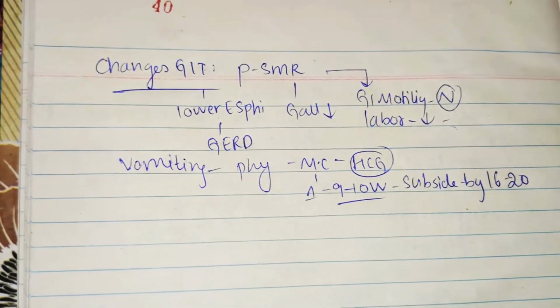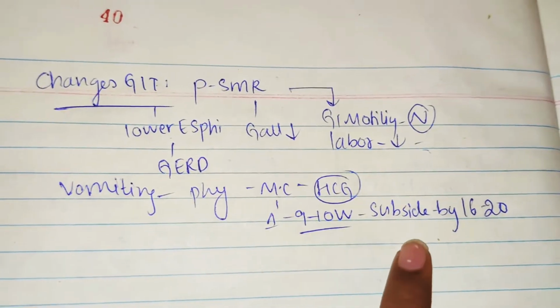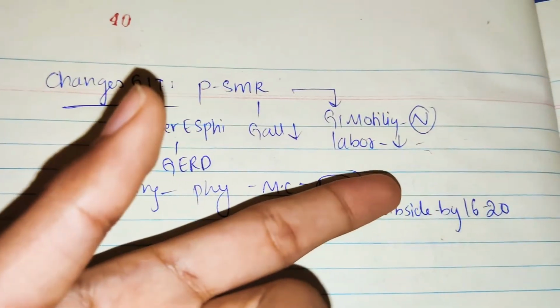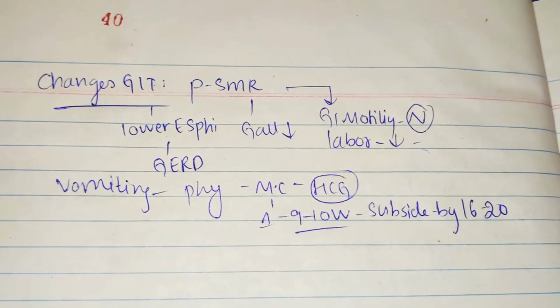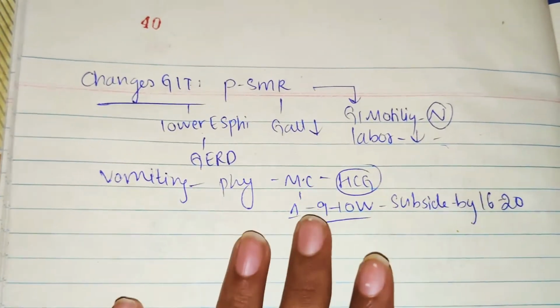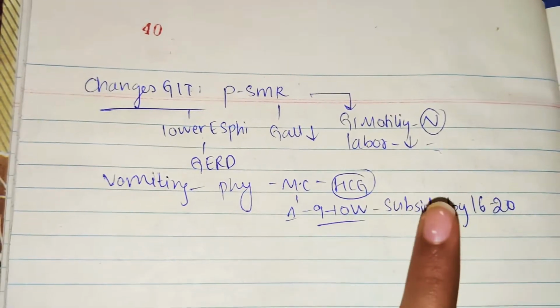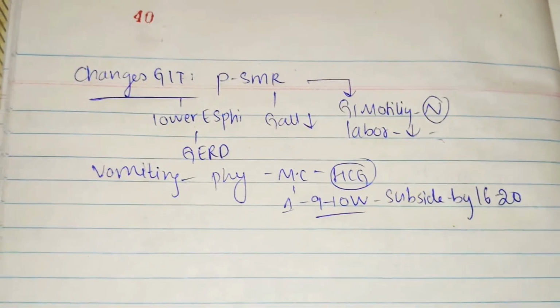Then there is also some vomiting which will not subside by 16 to 20 weeks, and that is a serious case, called hyperemesis gravidarum. We'll discuss that. But this is normal physiological vomiting because of HCG, between 9 to 10 weeks, and it will subside by itself by 16 to 20 weeks.